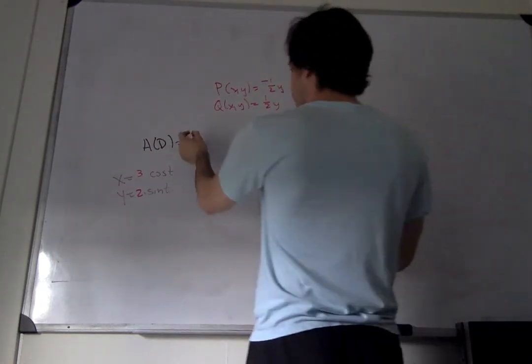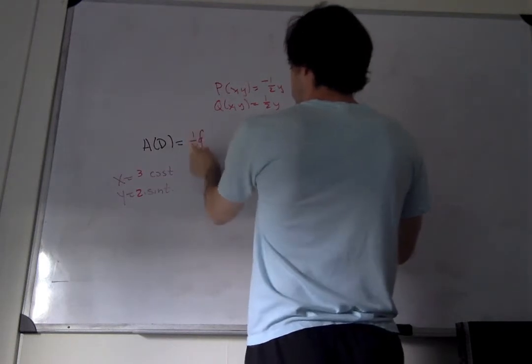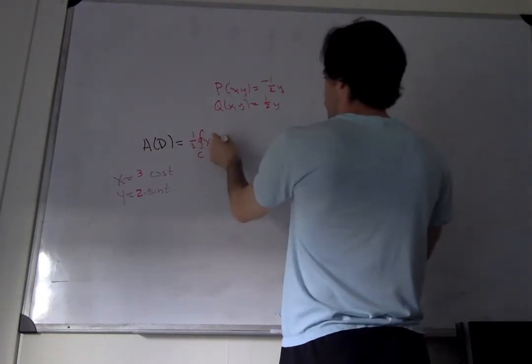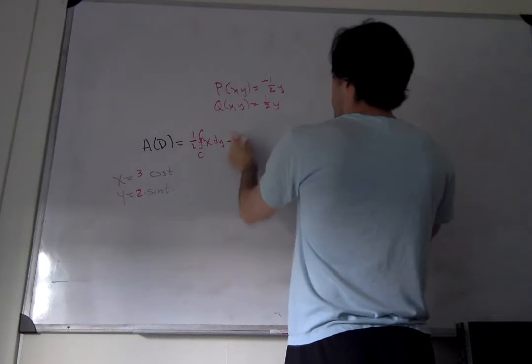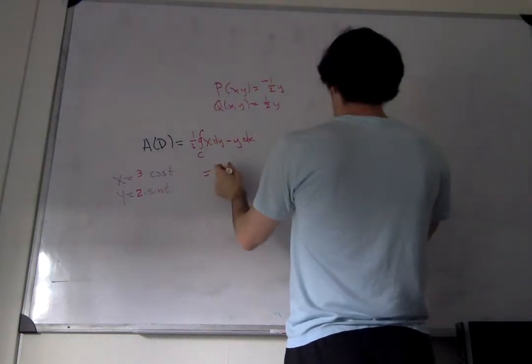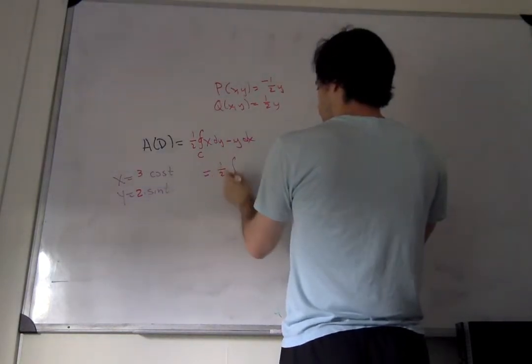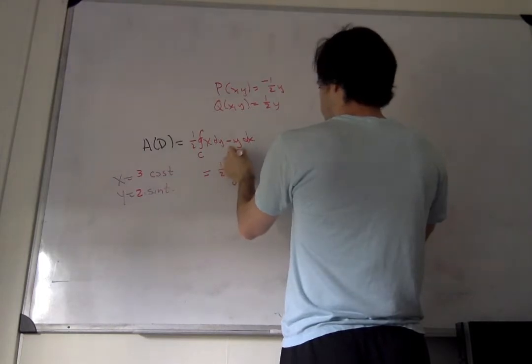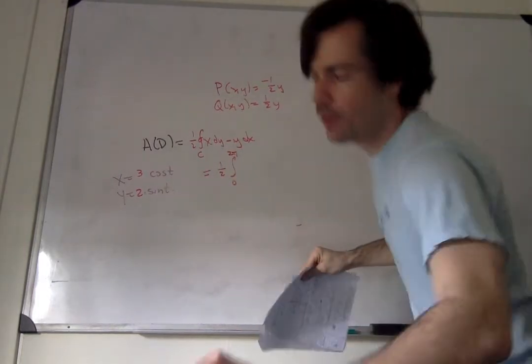Right, so you should have 1/2 integral over C of x dy minus y dx, and this is going to equal 1/2 integral from 0 to 2 pi. Now I'm just going to directly apply those.